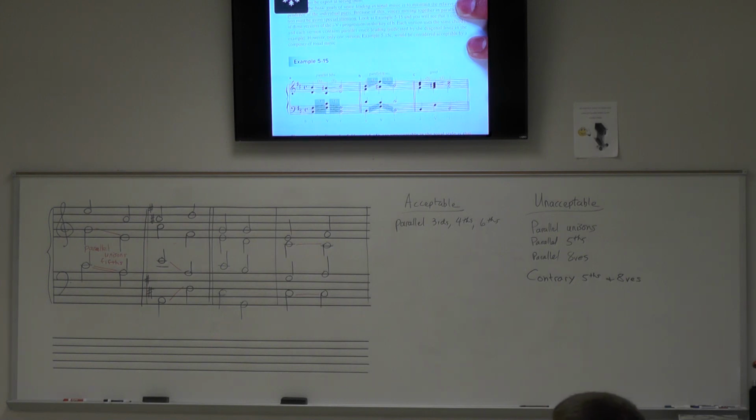Because if I just isolate and play the bass and the tenor, it sounds like this. Not very artistic, not very good. Okay? If I play measure B, now it sounds like this. But if I take away the inner voices and just play the outer voices, I get this sound.